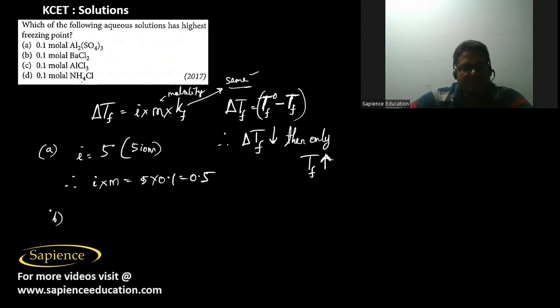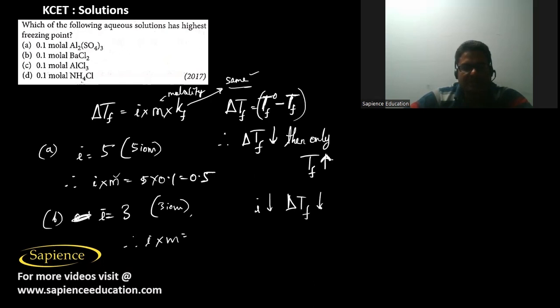And in option B, that is 0.1 molar BaCl2, here i is equal to 3, since it will give 3 ions in the solution. As we can see, the molality value is also the same. So if the Van 't Hoff factor is the least, then only the depression in freezing point will be the least.